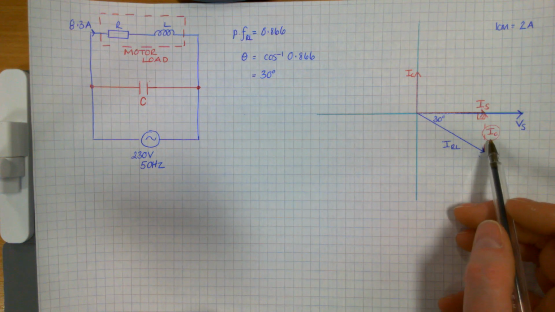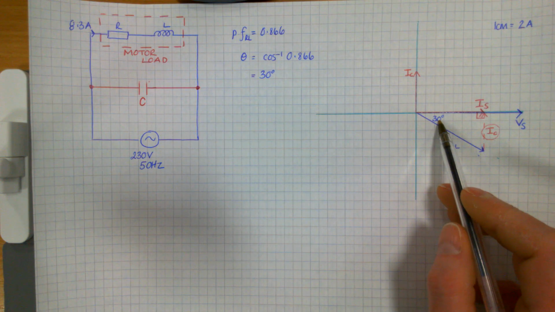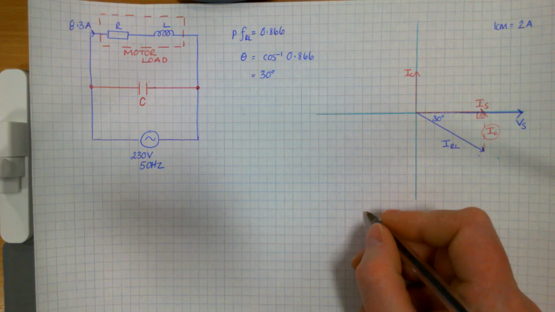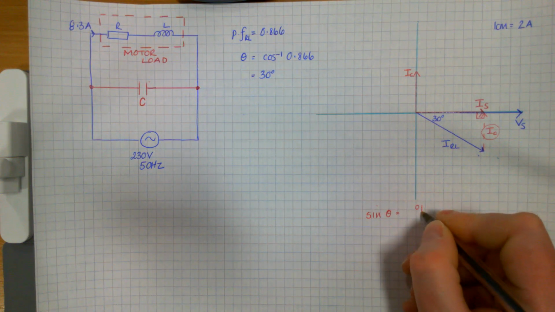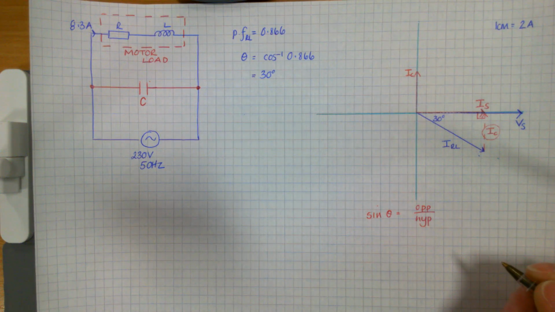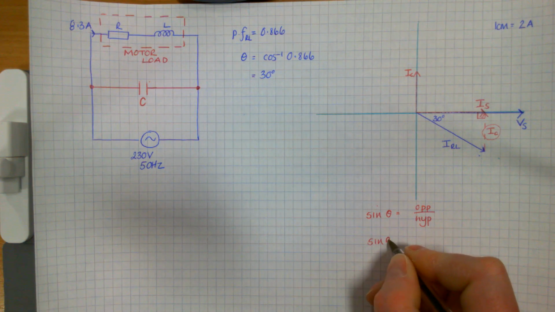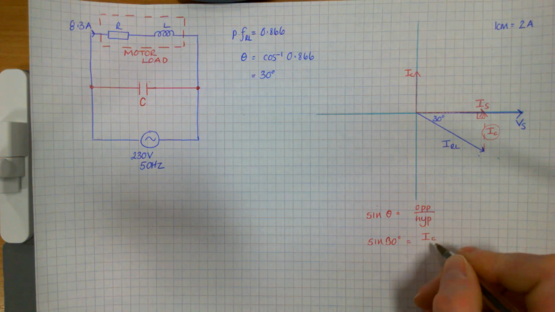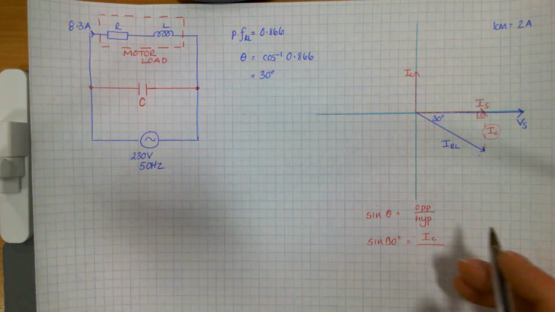So to get your value of IC, when you're looking at this, it's a right angle triangle, isn't it? So there's your angle, that's your opposite, and that's your hypotenuse. So you would use sine of the angle is the opposite over the hypotenuse from your SOHCAHTOA. So sine of 30 is the opposite, the thing you're looking for, IC, over your IRL, which you already know, 8.3.